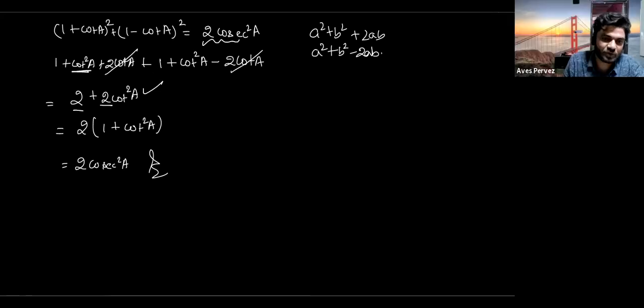Up to this point, I just take the 2 as common here. Now I have taught you that since this is the identity, in the bracket we have 1 plus cot square a, and 1 plus cot square is equal to cosec square a.